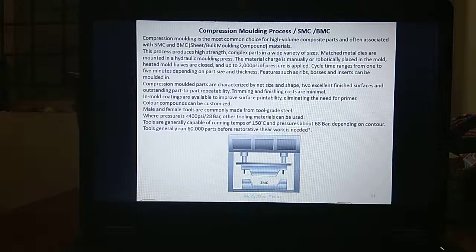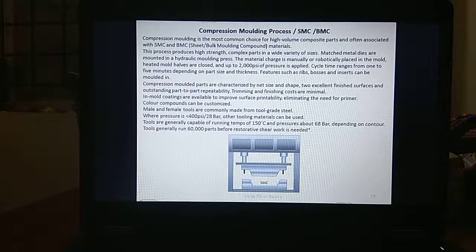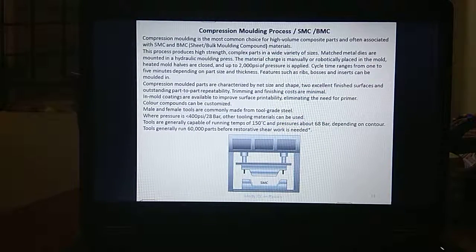There is greater flexibility in design features, and ribs, bosses and inserts can be molded in. Compression molded parts are characterized by a net size and shape, two excellent finished surfaces, and outstanding part-to-part repeatability.